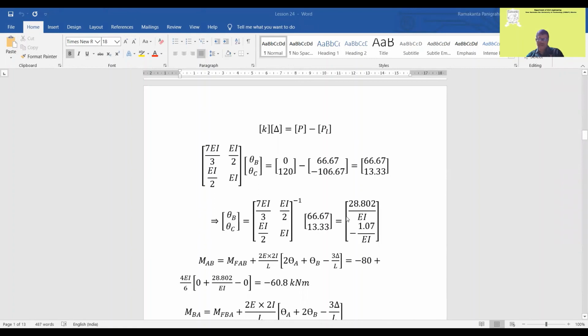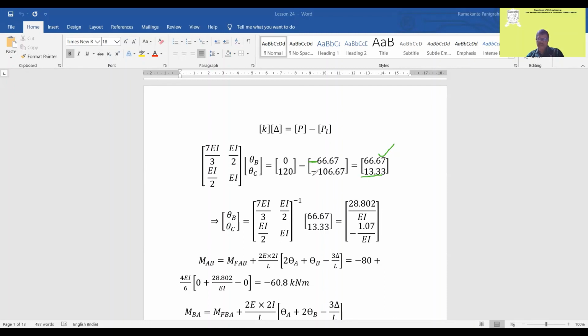He has forgotten. Make the correction here. The final answer is correct, but is it not written minus? Minus 66.67, so it becomes plus 120 minus 106.67, it becomes 13.33.